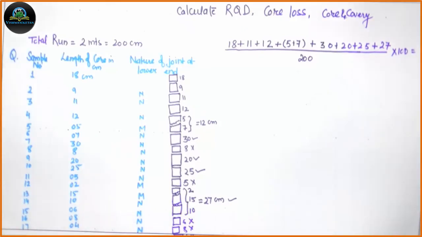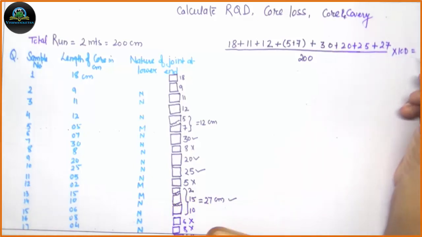be 18 plus 11 plus 12 plus 12 plus 30 plus 20 plus 25 plus 27, divided by 200 multiplied by 100.